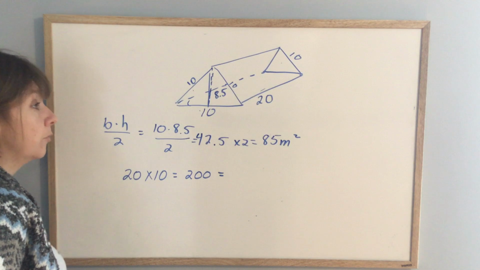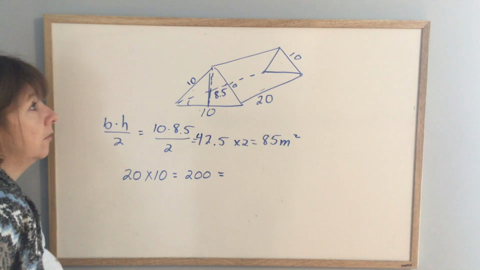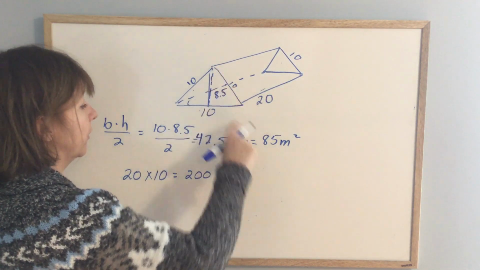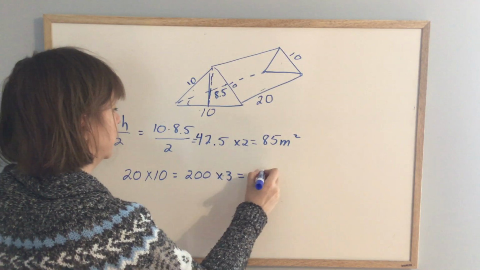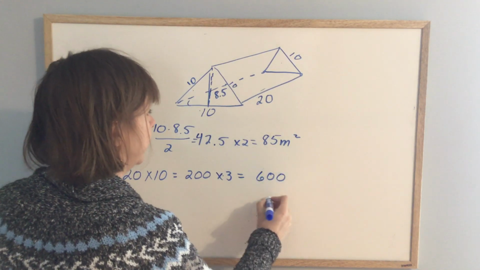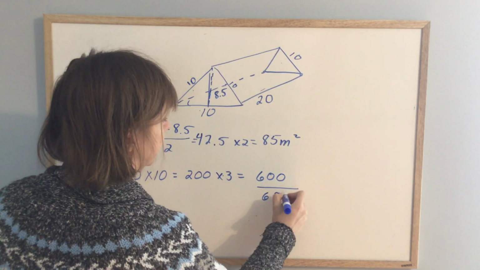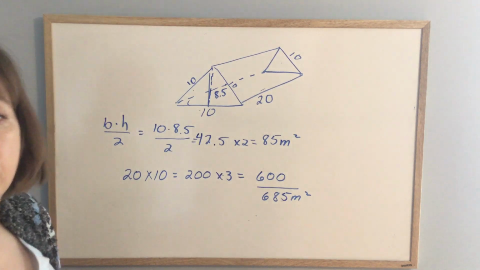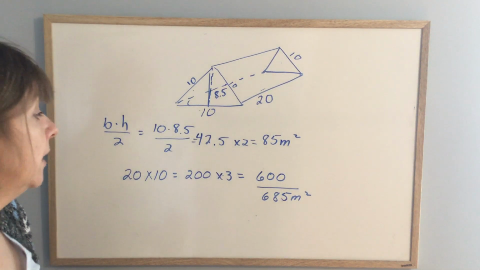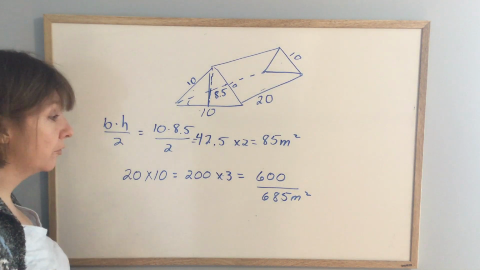But there are 3 rectangles that are all 20 by 10. There's the 2 walls and the floor. So I'm going to multiply it by 3, which would be 600. So when I add the rectangles with the triangles, I get 685 square meters. That is the surface area.